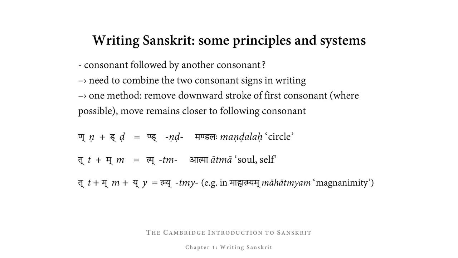So, for example, if I have the word maṇḍalaḥ, which means circle, in English it's usually pronounced maṇḍala, but let me tell you that's wrong, then I could theoretically write my n as the consonant n plus that little diagonal stroke, the virama that we just encountered. But that's usually not done inside a word.